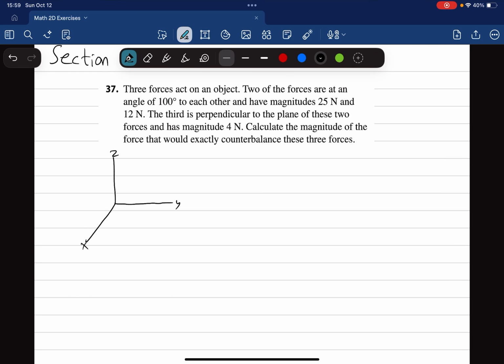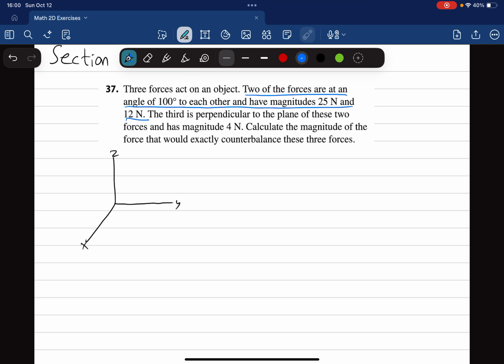Let me get some coordinates. And now let's go ahead and sketch out what's going on with these vectors. So first, notice that we're given two of the forces at an angle of 100 degrees to each other on a plane.